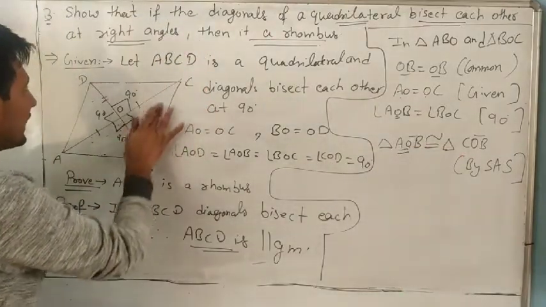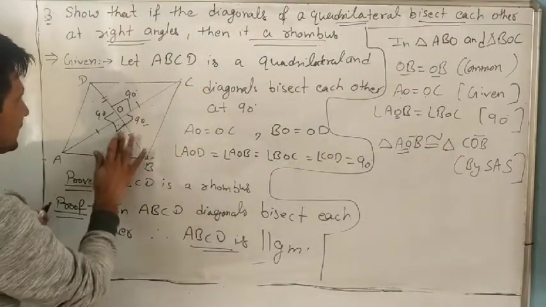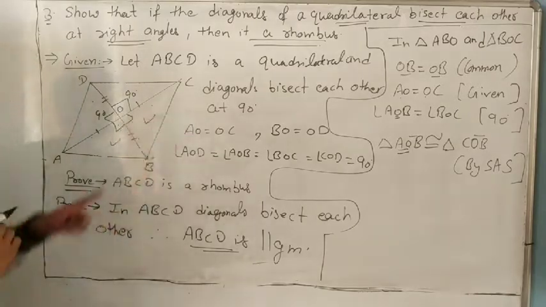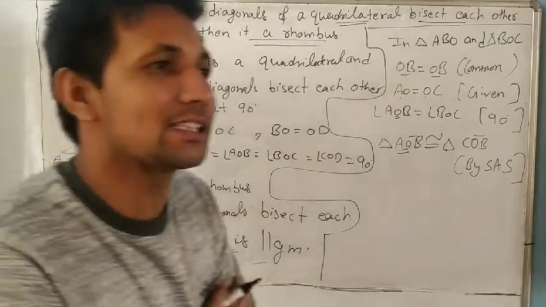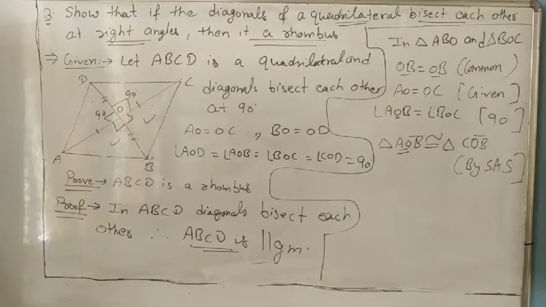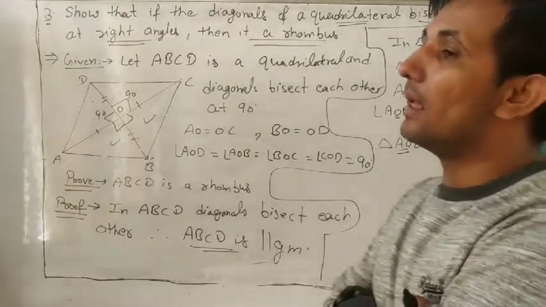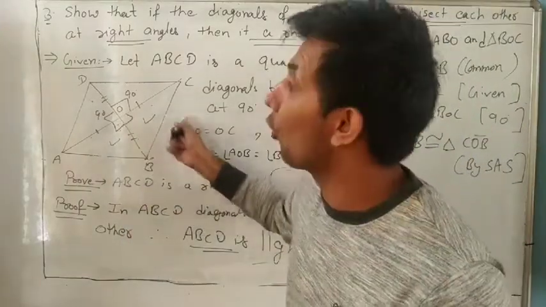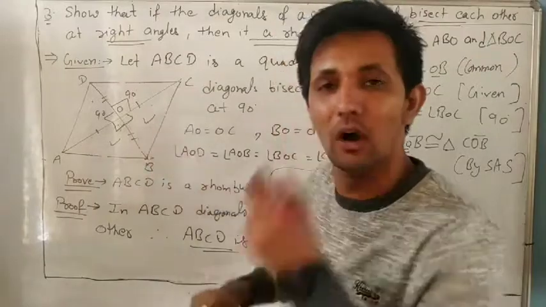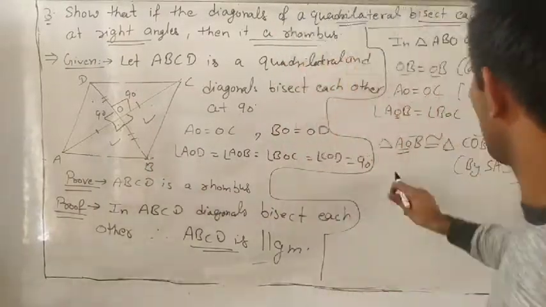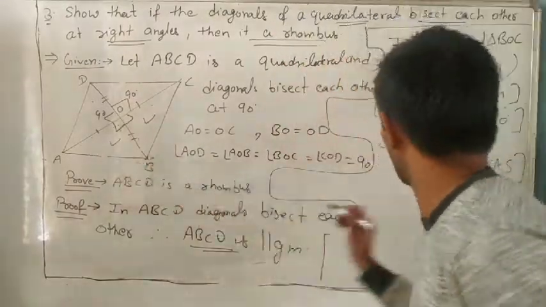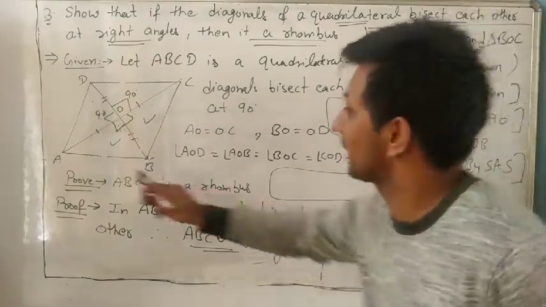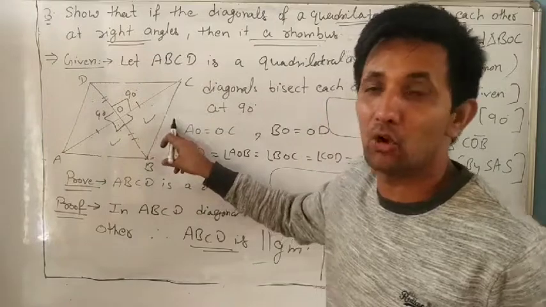We already proved that these two triangles are congruent. And if two triangles are congruent, then corresponding parts are equal. Because we want to prove that AB equals BC, all sides equal. Therefore AB equals... now we check whether AB and BC are corresponding parts or not.